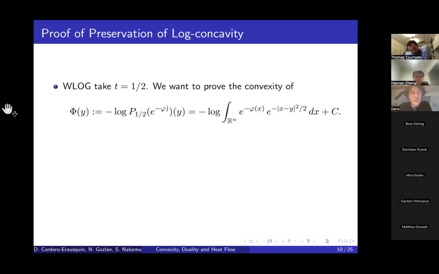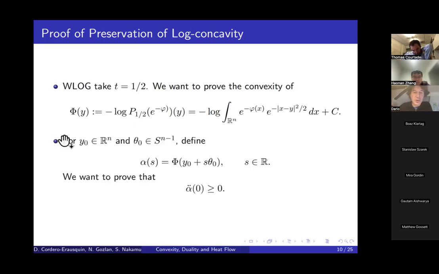And to do so, convexity is just a one-dimensional property. So I will fix a vector y0, I will fix some direction θ0, and I will consider the one-dimensional function alpha, which is phi along this affine line.